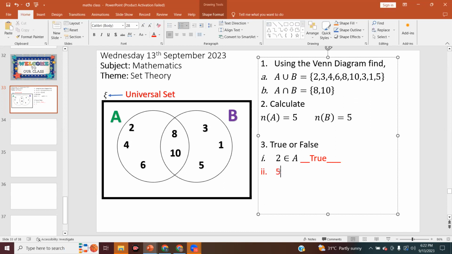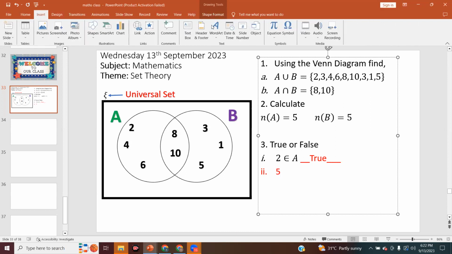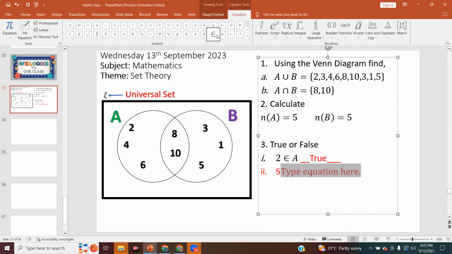5 is an element of B. Is that true or is that false?